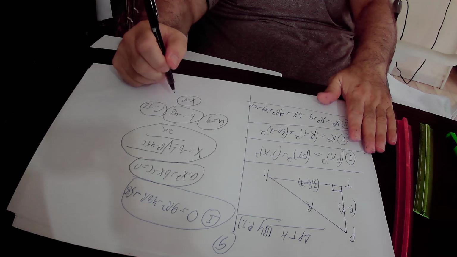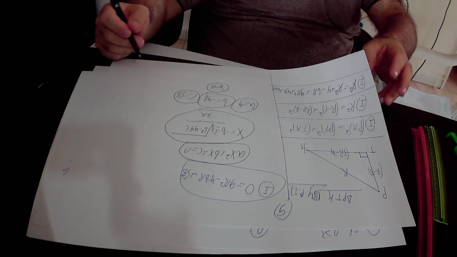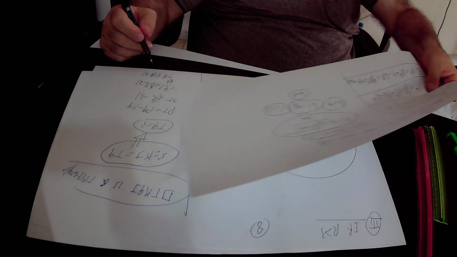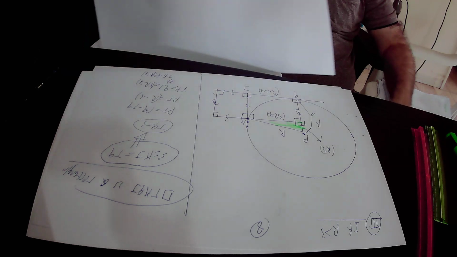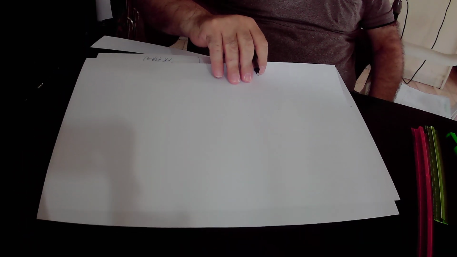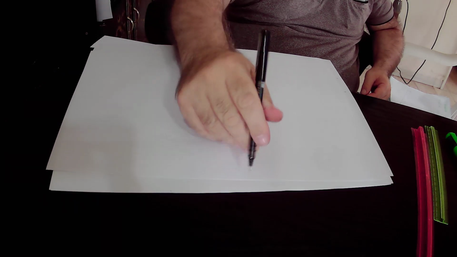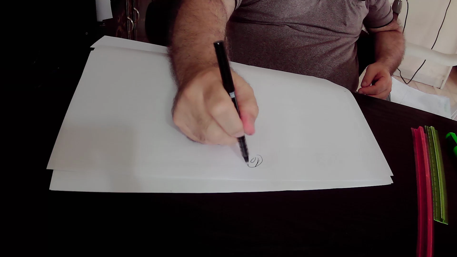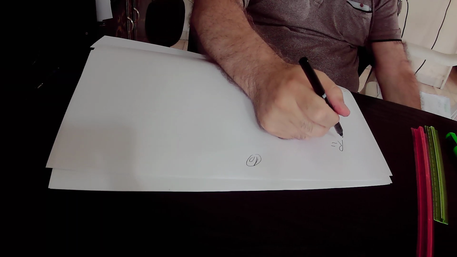So we put the data inside the formula for x, and we find the values of R, because x equals R. According to the formula for x, R equals minus b.